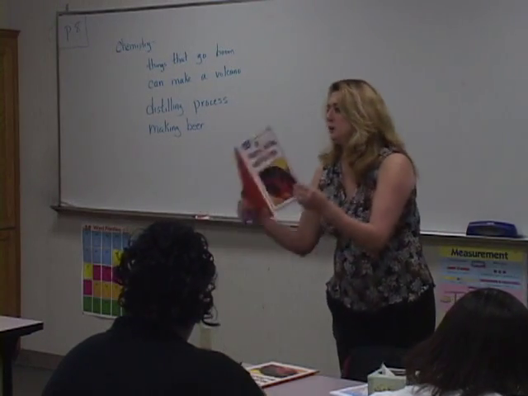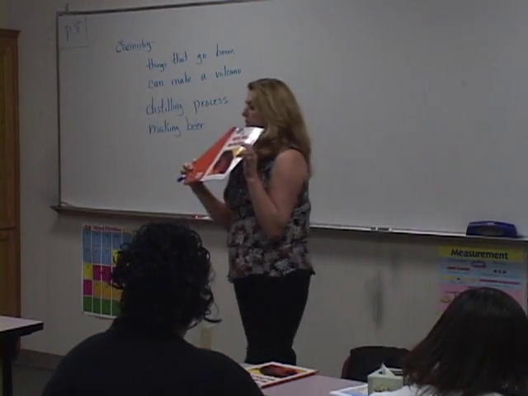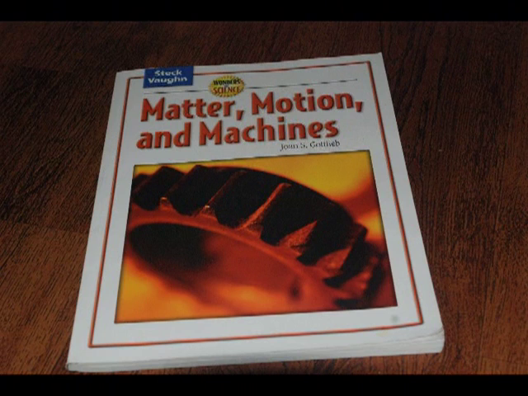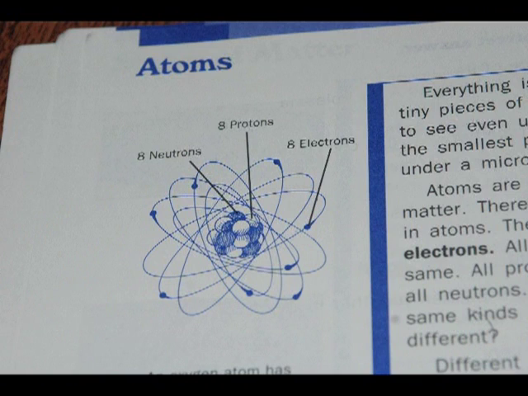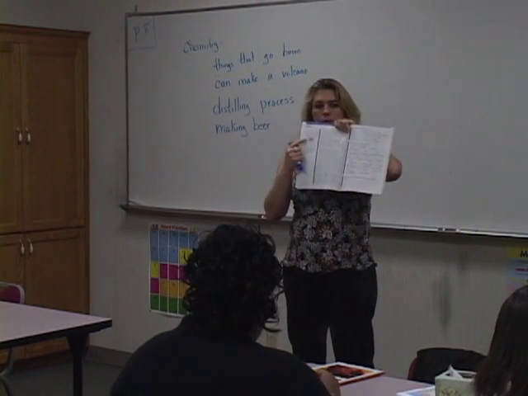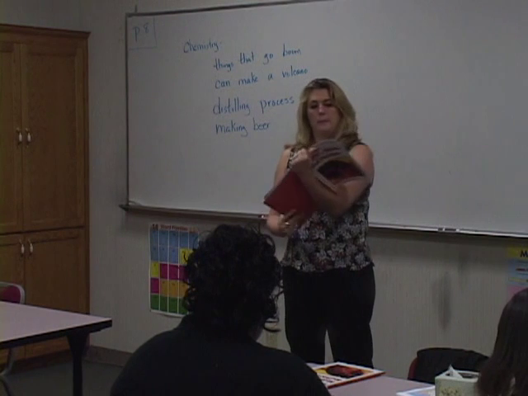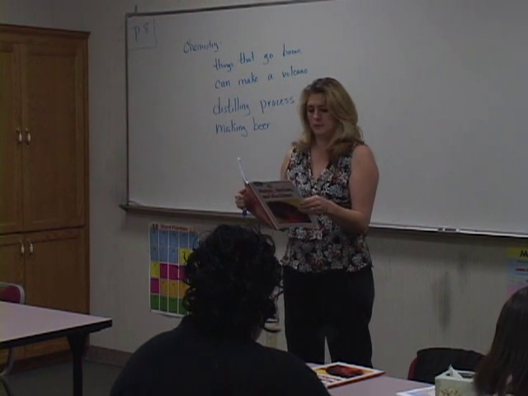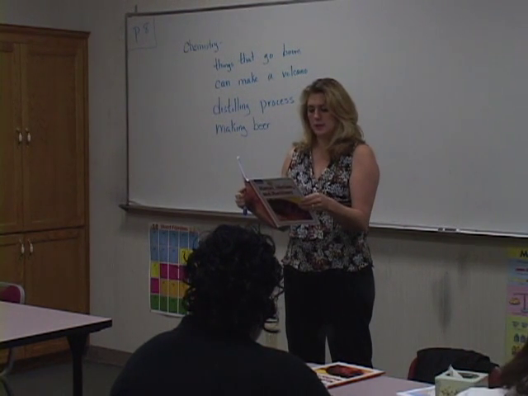Everybody's got the orange book. We'll look on page 8. There's a picture. Anybody seen a picture like this before? Yep. Okay. What is that picture? We've got some things labeled on that picture. What does it say? Neutrons. Neutrons? Protons. Protons? Electrons.